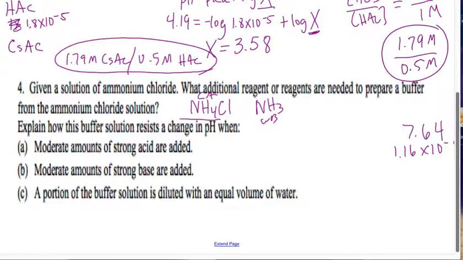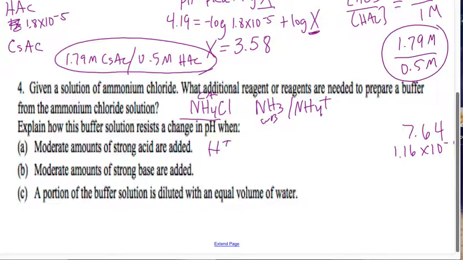Now, explain how this buffer resists changes in pH when, so remember, this buffer now contains NH3 and NH4+. How does this buffer resist changes in pH when moderate amounts of strong acids are added? Buffers have a buffering capacity. We can add strong acid to a degree, but it's eventually going to run out of one of the two things if we keep invading it with stuff.